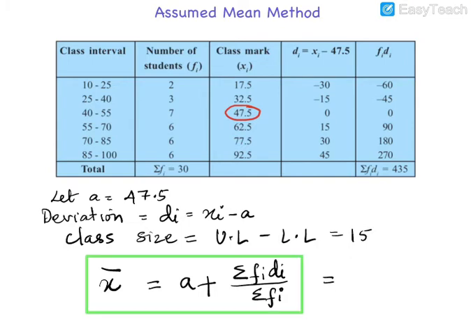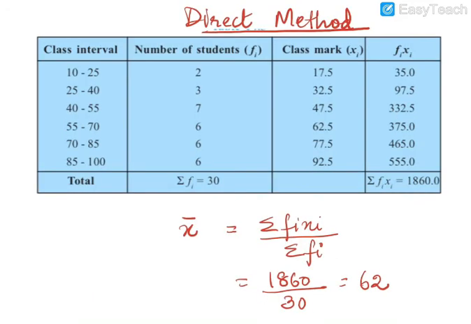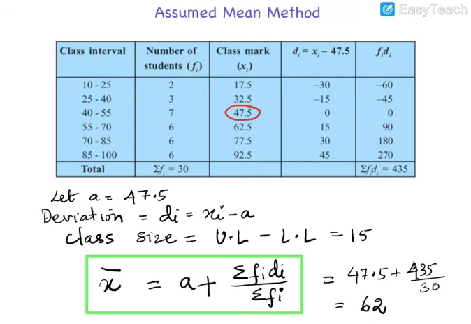So substituting a in this formula and summation fi di and summation fi, we get the mean of this data as 62, which is the same value that we had obtained when we used direct method. So whichever formula we use, direct method or assumed mean method, the answer is going to be same.